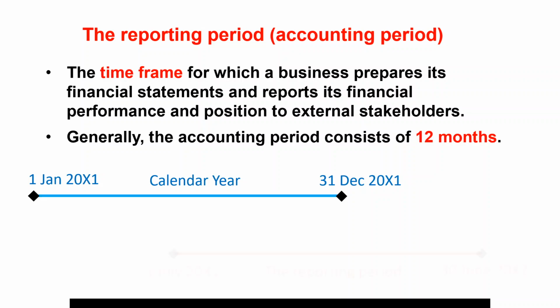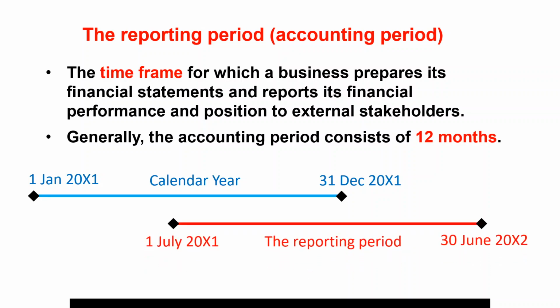In Australia, the financial year falls from 1st July and runs until the 30th June in the following calendar period. So a financial year can start and end at any point during the year as long as it comprises a full 12 months.